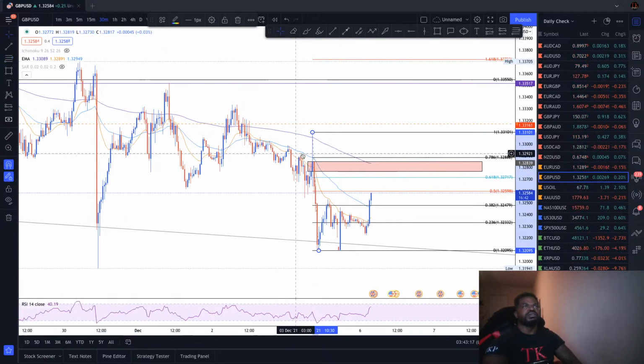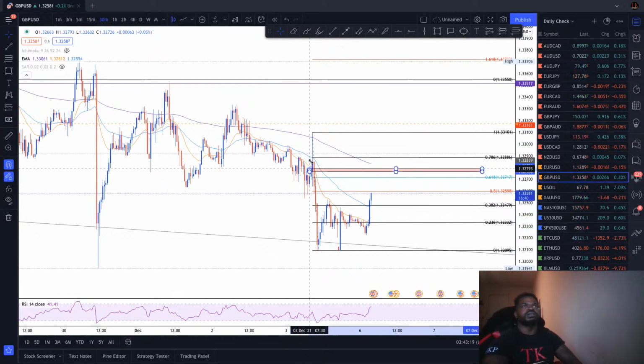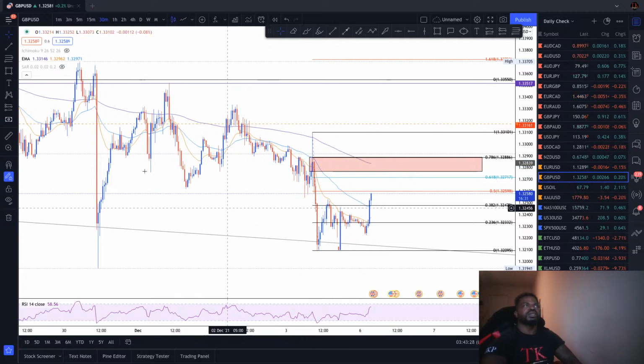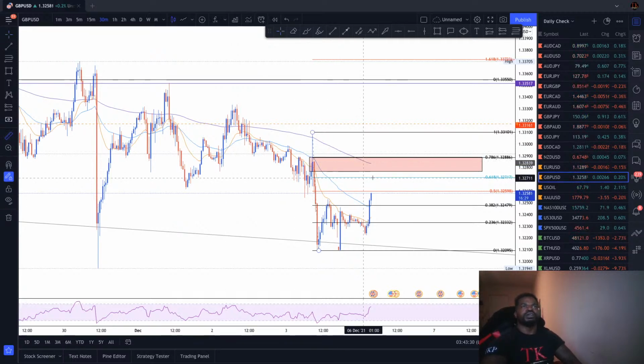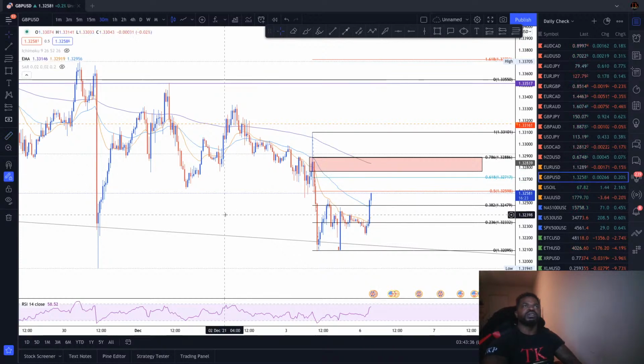It's right underneath the 786. Let's see how many pips that is away from the 618. Only 6 pips.